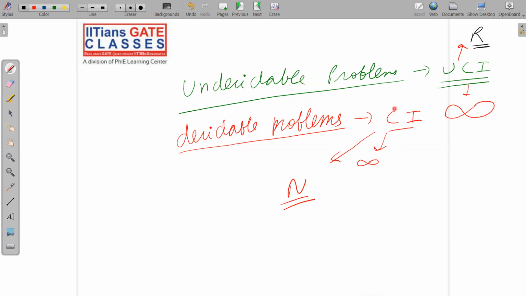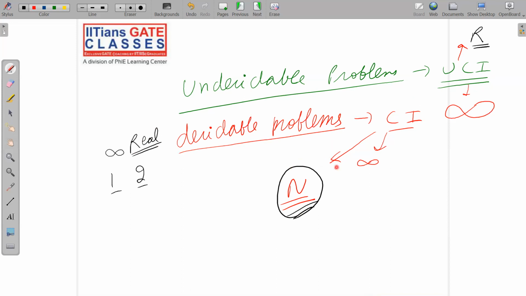Between 1 and 2 there are infinite real numbers. So the real number set is very huge, much bigger than the natural numbers set.